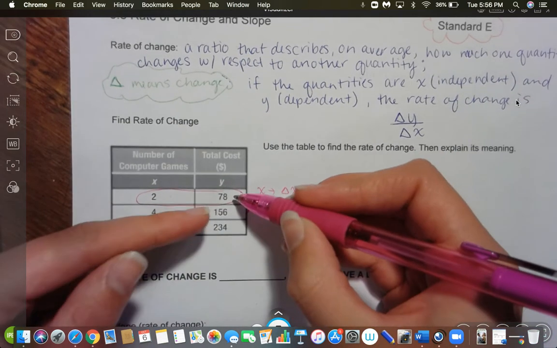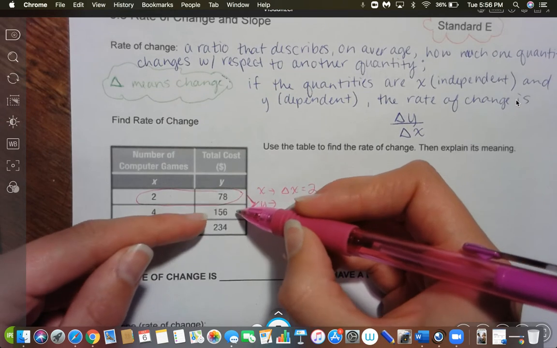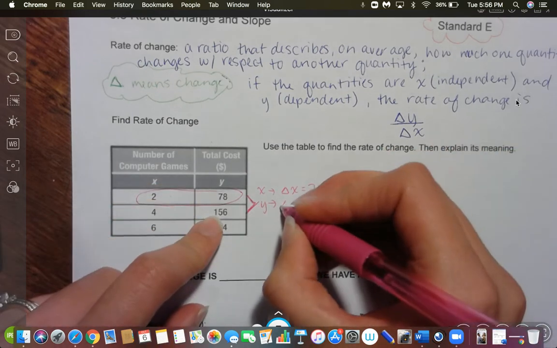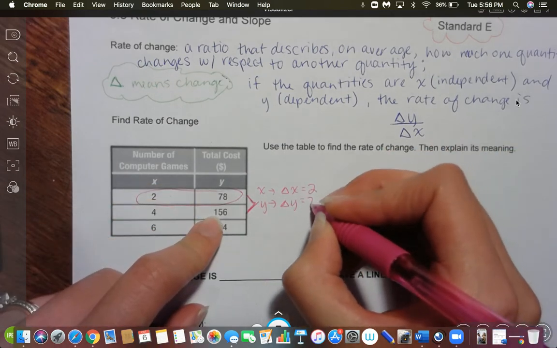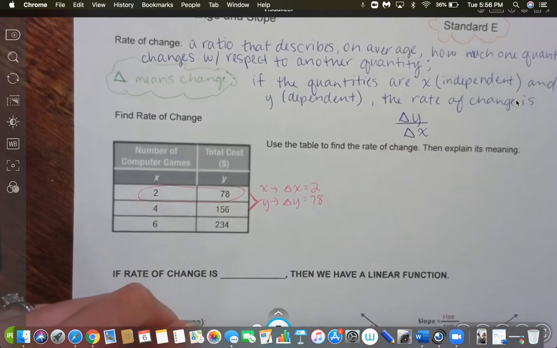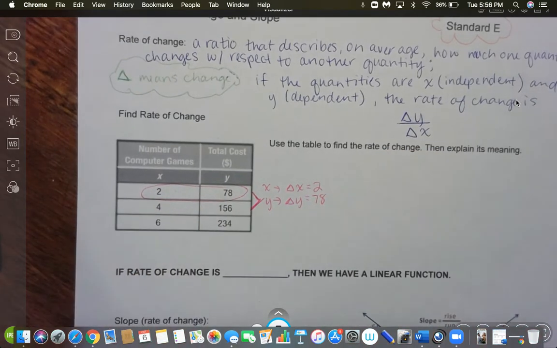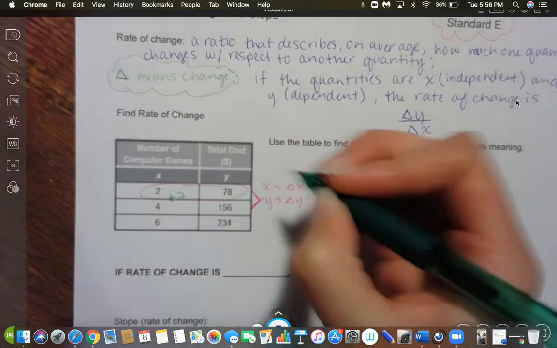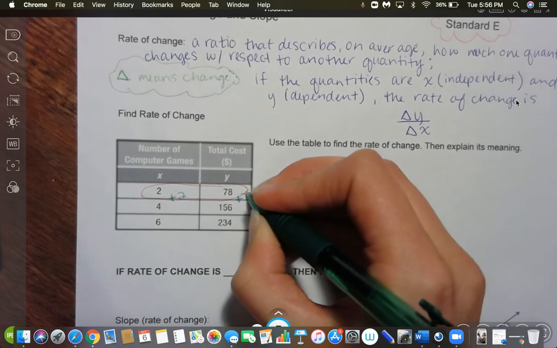How do we get from 78 to 156? You can do it in your calculator, 156 minus 78, and you'll get 78. So the change in y is 78. We have to add 78 to get to 156. I'm also going to write these down in between: plus 2, plus 78.